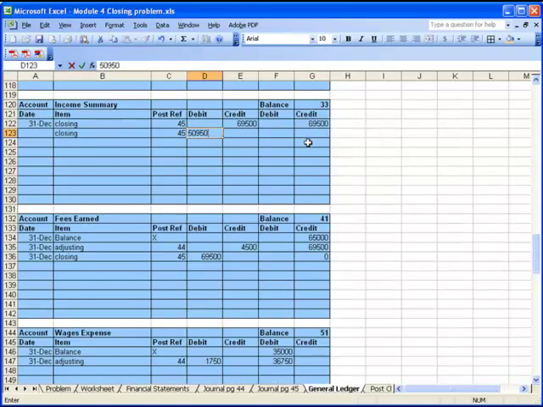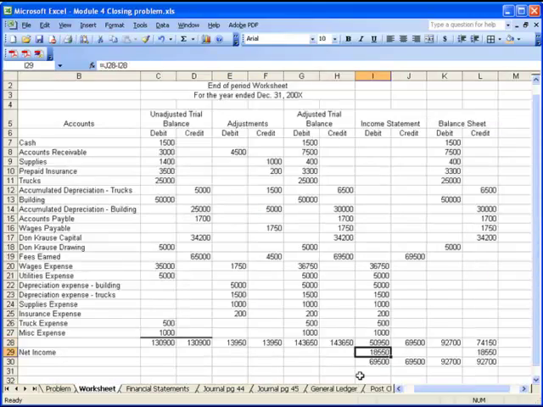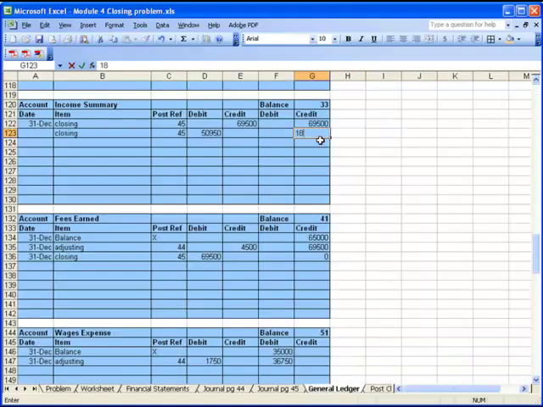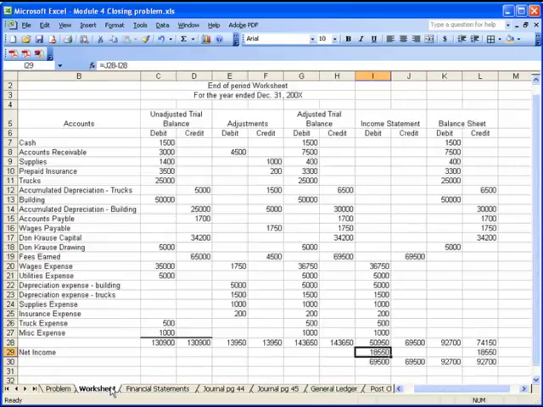And so the new balance in our income summary account is going to be a credit of $69,500, which represents our total revenue, minus $50,950, which represents our total expenses, and that number should be our net income, which is $18,550. So the balance of our income summary account, after we've closed out our revenue and expense accounts, represents our net income, $18,550, from right here.